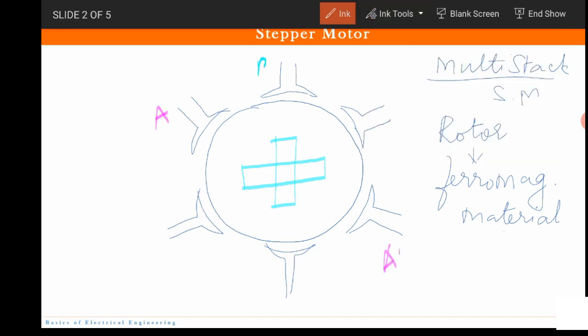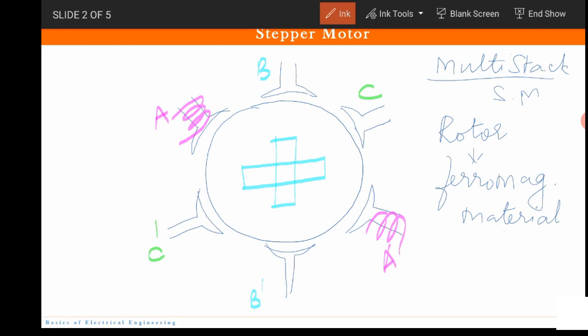Similarly, you have B, opposite is B dash. And similarly, you have C, and this is C dash. And you have windings here, correct? So this is understood that you have windings here. Similarly, you have windings on B and C also.